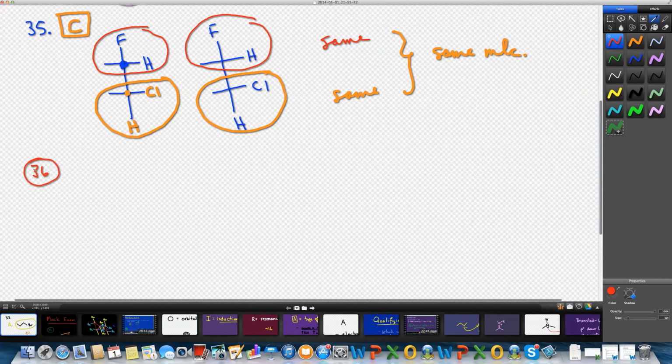Let's now consider number 36. We want to draw the lowest energy conformation of trans-1,3-t-butyl methyl cyclohexane. Without wasting any time, we should automatically draw the chair conformation. Again, remember that this is in one plane.